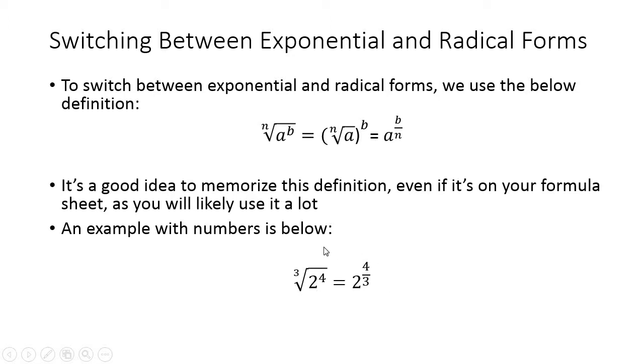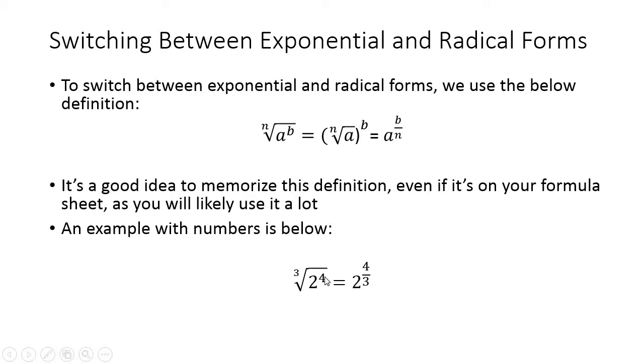And so the way I memorize this rule is the index here of the radical, that is what will go to the bottom of the fraction for the exponent. And then the exponent tied to the radicand here, that will go to the top of the exponent fraction.